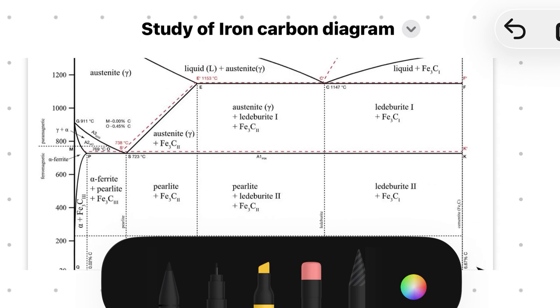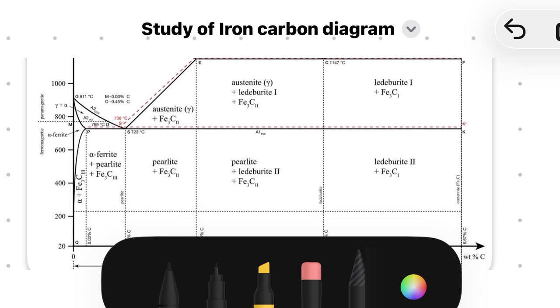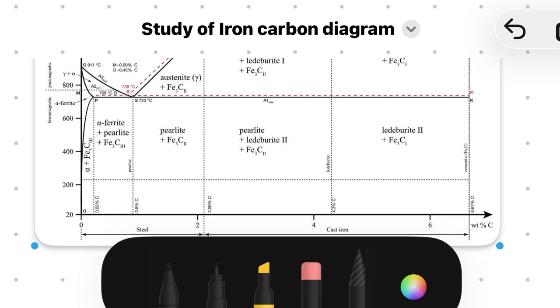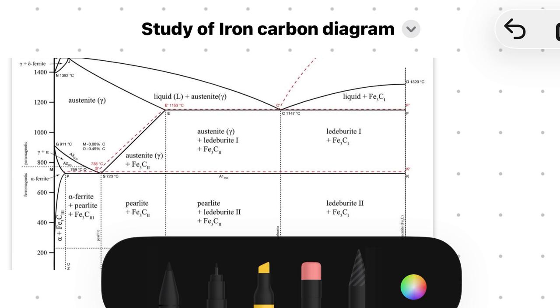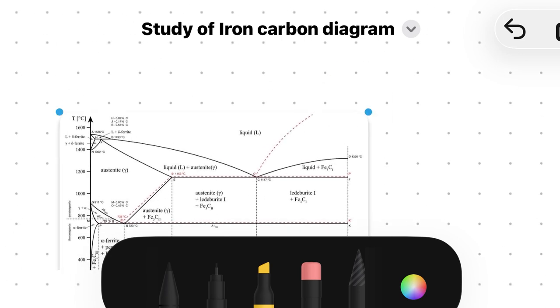If you want to learn blast furnace operation, you must learn the iron carbon diagram. They mostly use this diagram to create different grades and to observe the microstructure of the different phases.